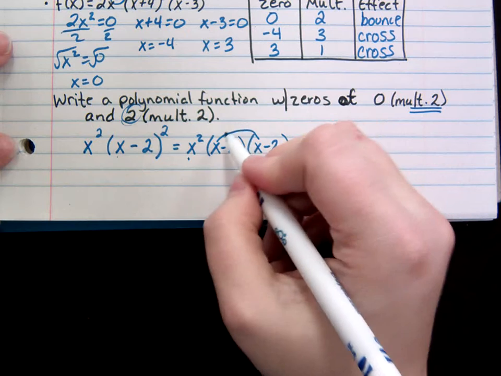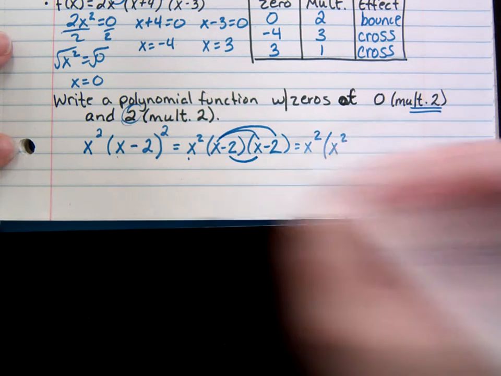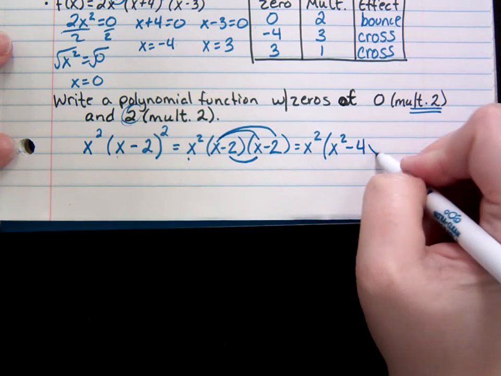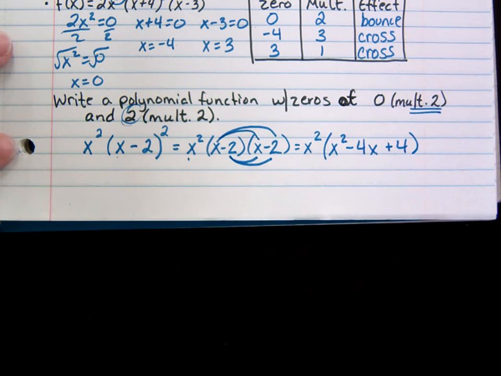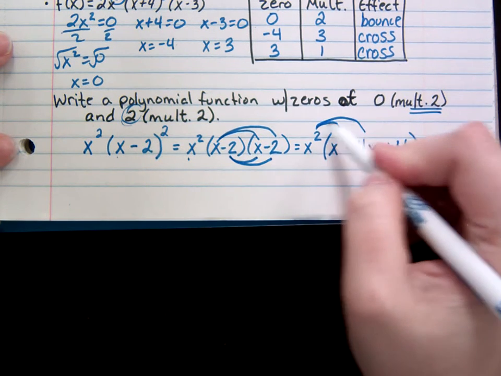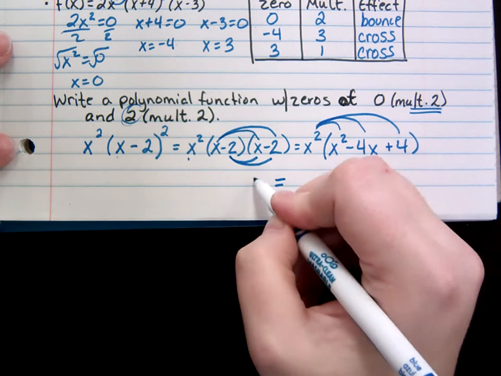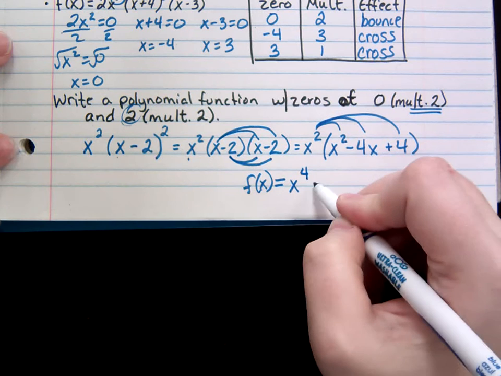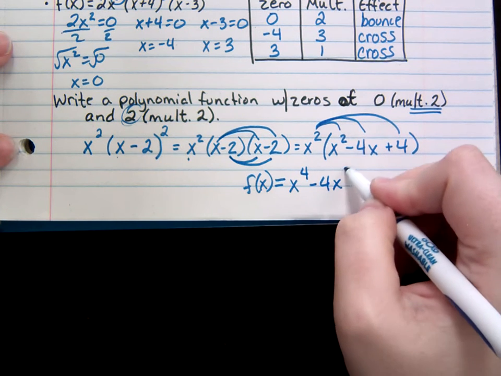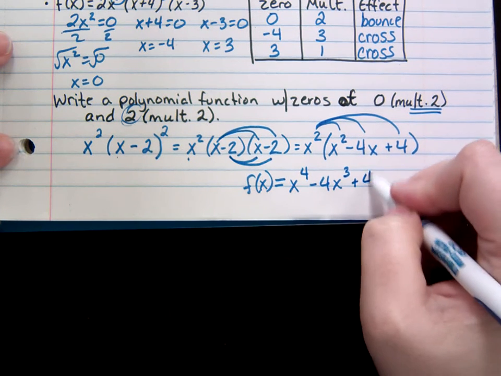Then I have negative 2x and negative 2x, which gives me negative 4x. And then multiply here to get positive 4. And now I distribute the x squared to get my function, x to the 4th minus 4x cubed plus 4x squared.